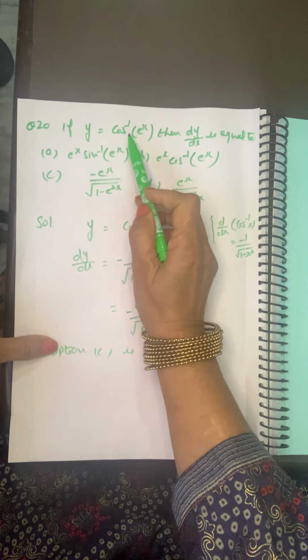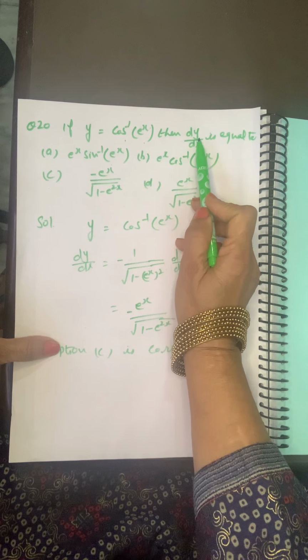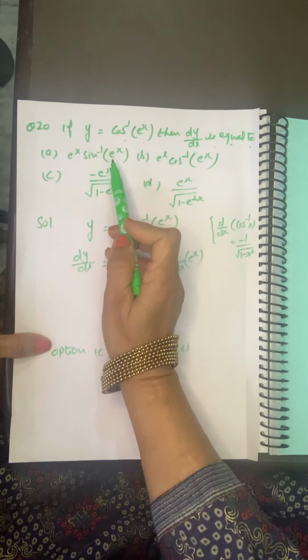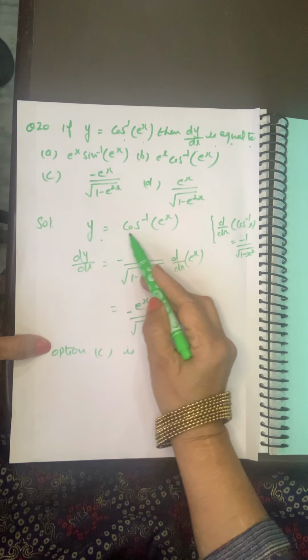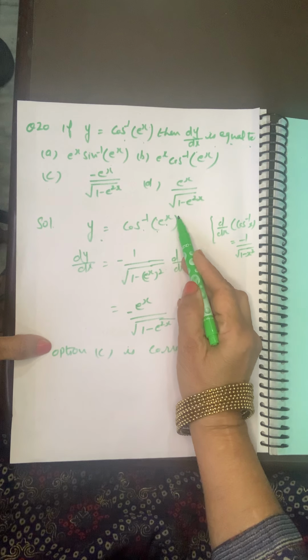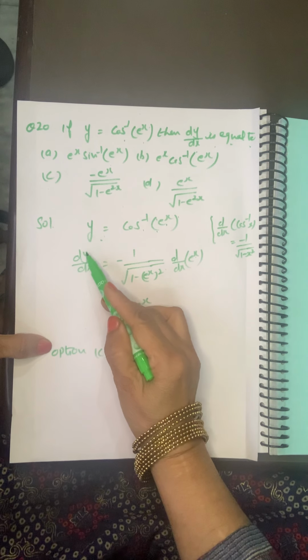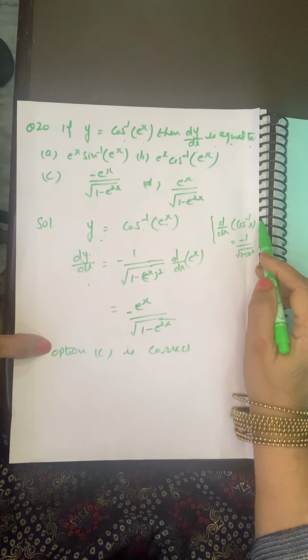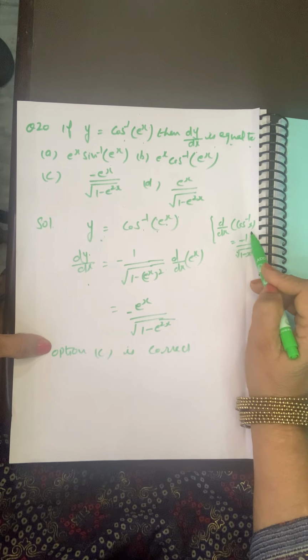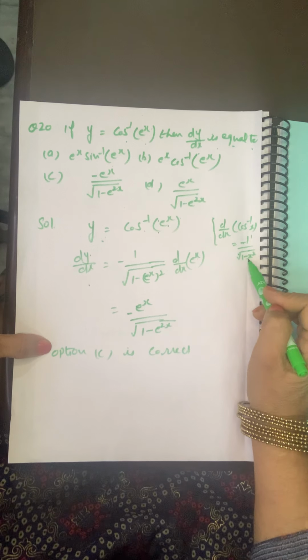If y is equal to cos inverse e the power x, then dy over dx is equal to. Again we have given 4 options. One option is correct. y equal to cos inverse e the power x. Differentiation with respect to x, dy upon dx. You know the derivative of cos inverse x is equal to minus 1 upon under root 1 minus x square.